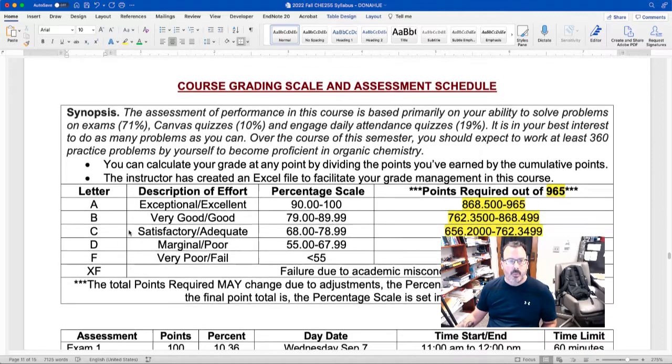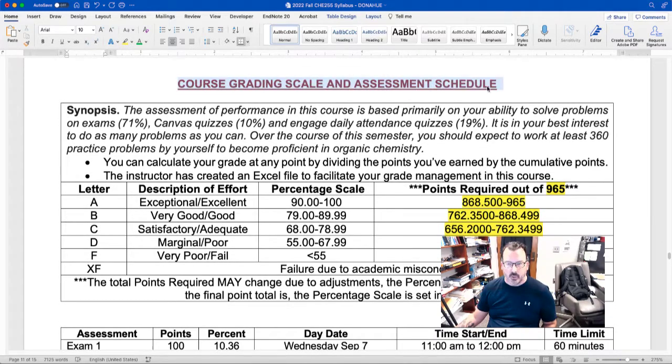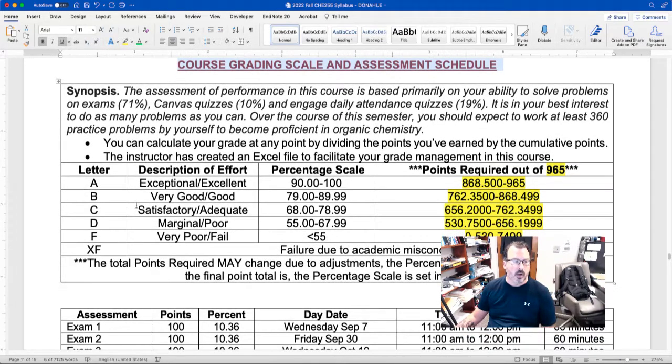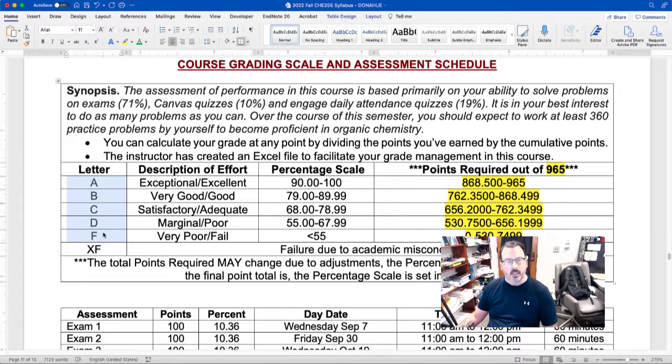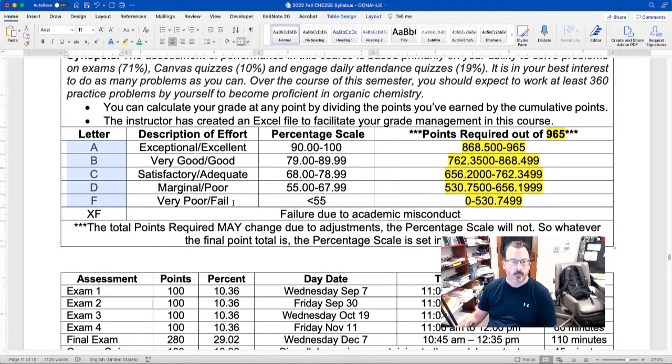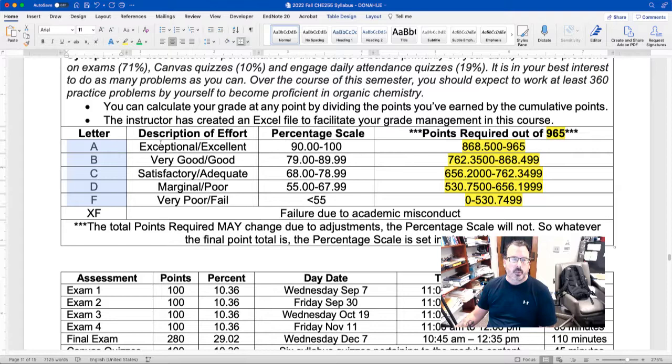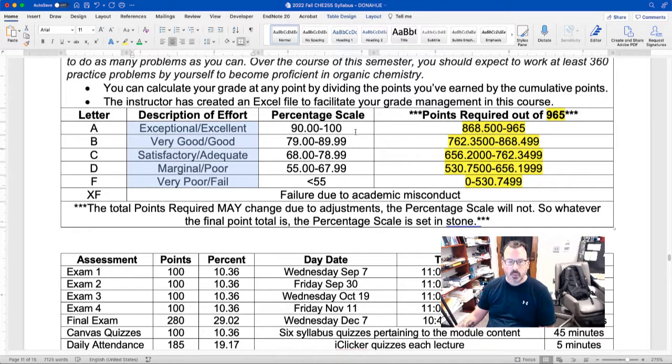And now what about the grading scale and assessment schedule? So how are you going to earn the letter grade that's reflected on your transcript? So here is a description of effort associated with those letter grades. Here is the percentage scale of points that you have to earn to earn that letter grade. The percentage scale is set. That never changes.